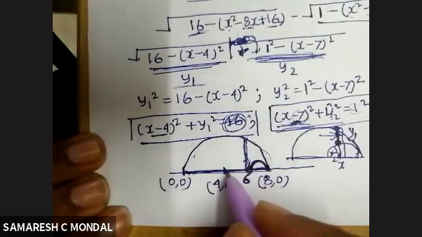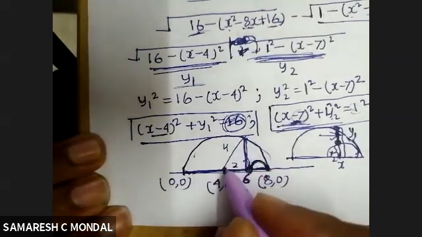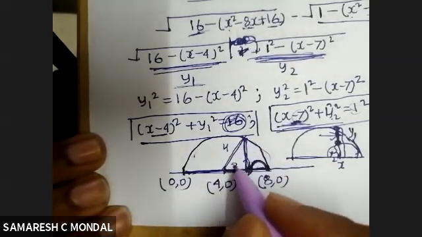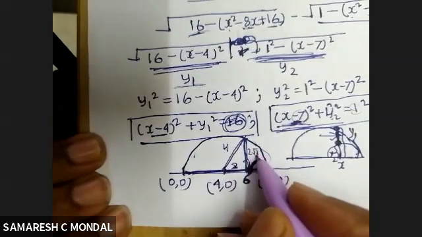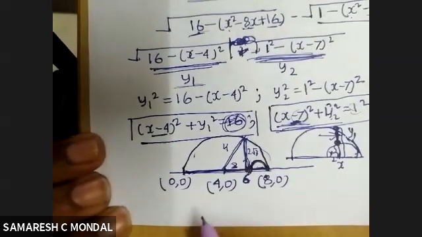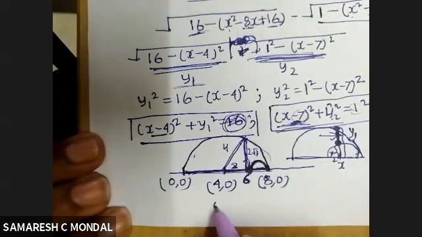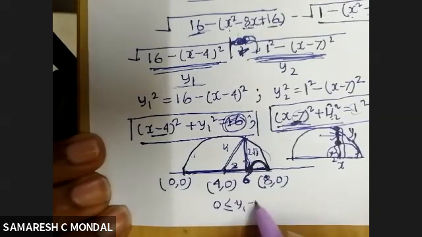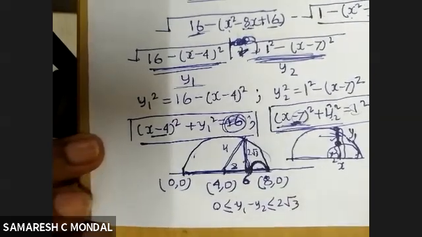This will be 2 and the radius is 4. So 16 minus 4 is 12, so this is 2 root 3. Minimum of the difference will be 0. So the range of y1 minus y2 will vary from 0 to 2 root 3. I hope you got it.